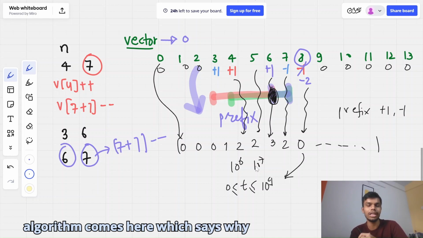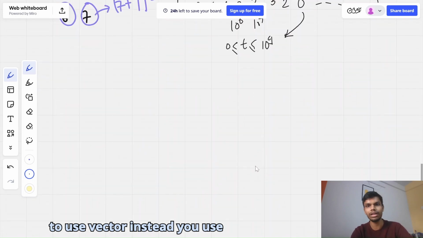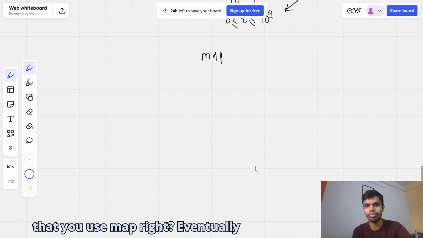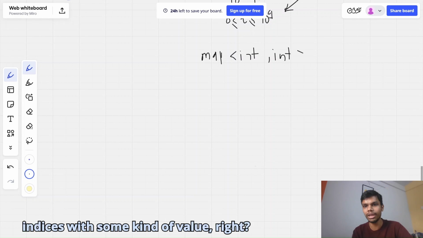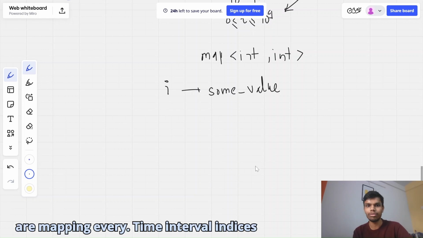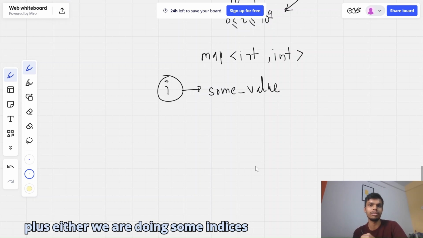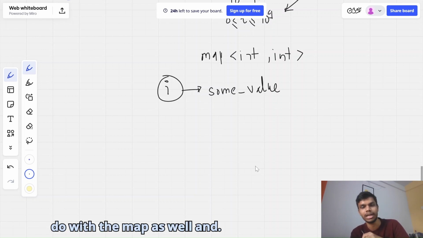So the sweep line algorithm comes in here, which says why use a vector, instead use a map, right? Eventually what we are doing is mapping indices with some kind of value. We are mapping every time interval's indices with some value, either plus plus or minus minus, and that we can do with a map as well.